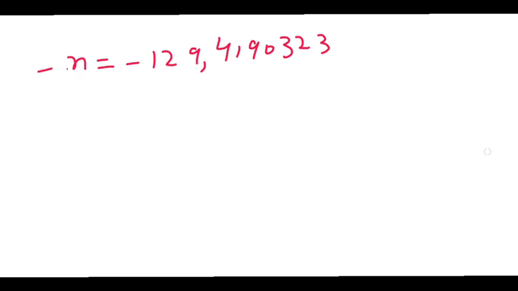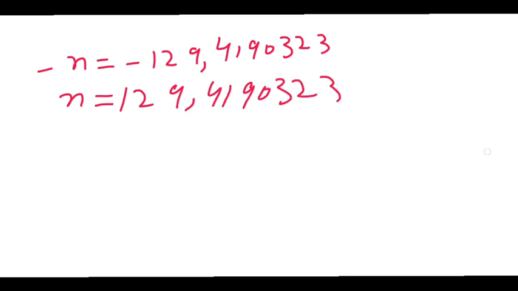Now I'm going to solve for n. Both sides the negatives cancel, only positive n is left, n is equal to 129.4190323. Now this is 130 payments. I round off.